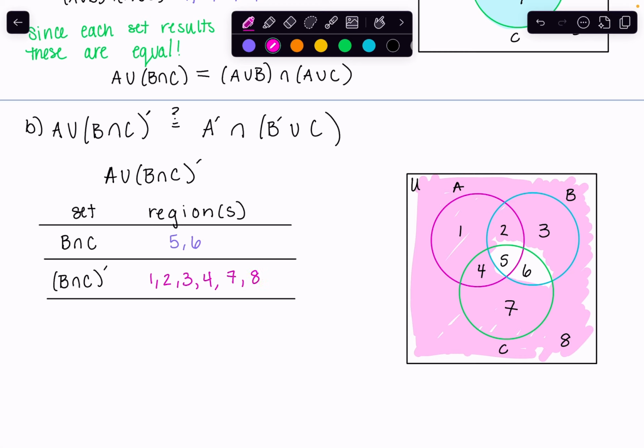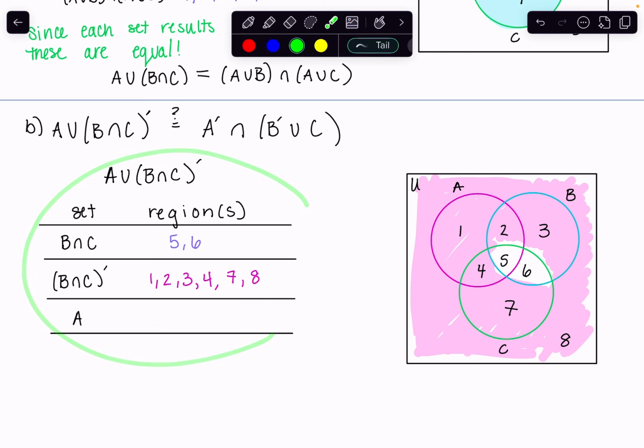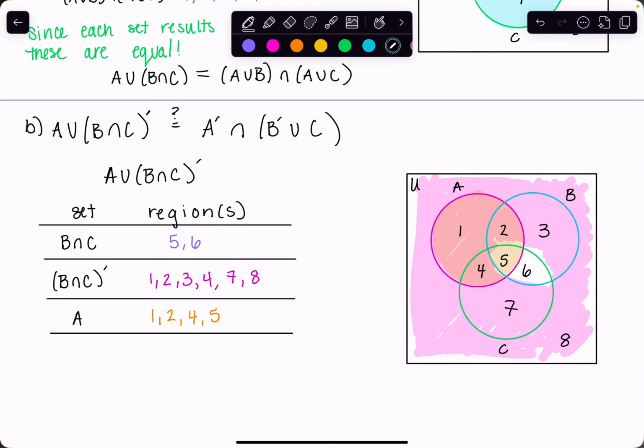Okay. Now I'm going to end up joining this with A. So if you feel comfortable just jumping into that, go right ahead. If you want to write down A sets, because again, you like this approach instead of just shading in the picture, circle A is 1, 2, 4, and 5. Okay. So now I'm taking the union of these two things.